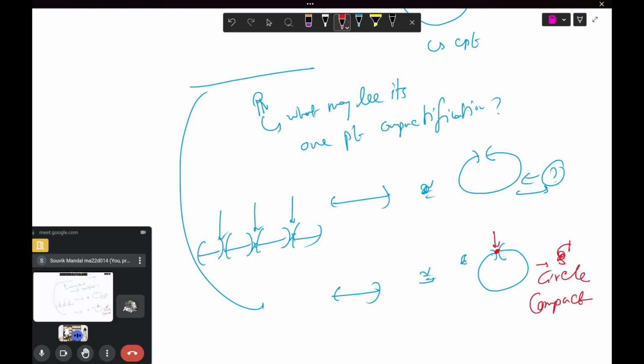So this is one example actually. Do you understand the example, or any confusion? Please ask. Sir, the open interval which we are taking, is it the whole of the real line? No, I mean the real line and the open interval (0,1) are homeomorphic, right? Correct.